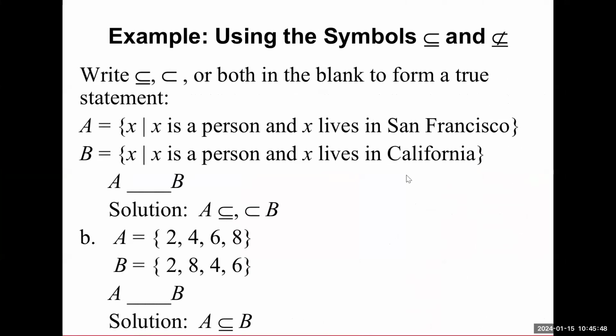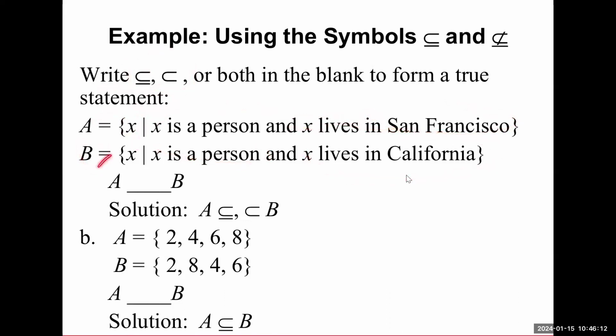So we have an example. Write either one for both. The set A is the set of x such that x is a person living in San Francisco, and the set B is the set of x such that x is a person living in California.